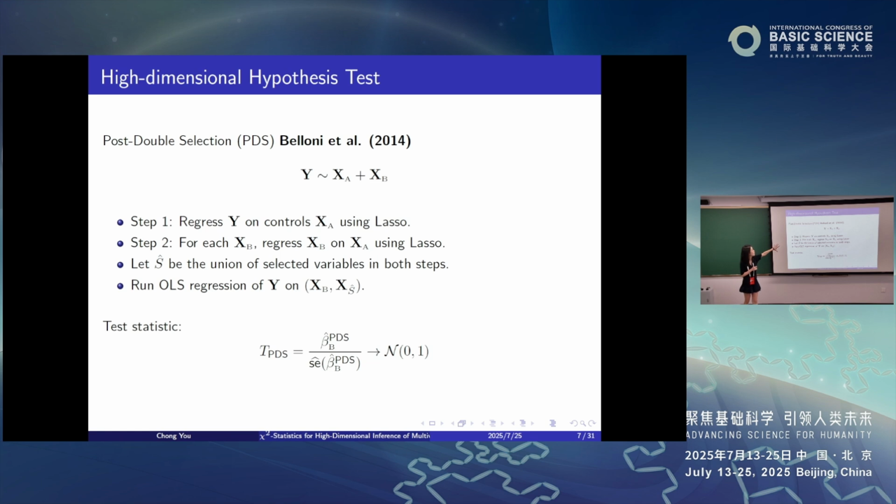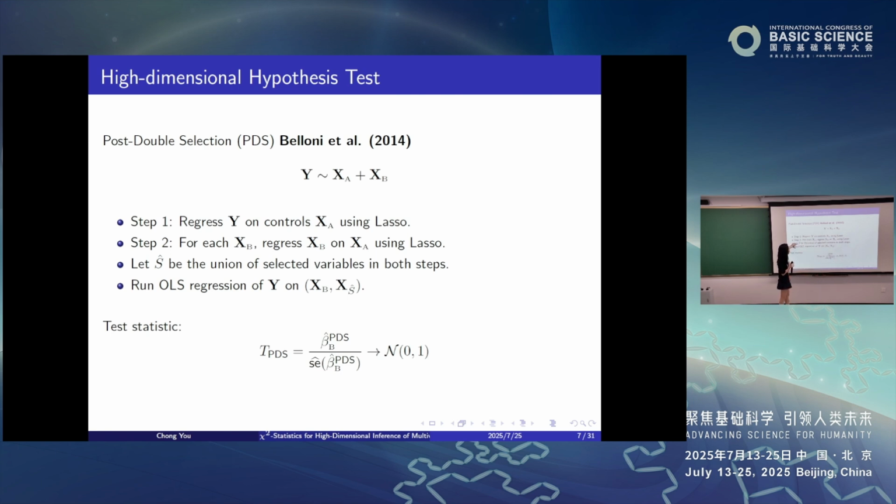For the post double selection method, what it does is to reduce the dimension of XA directly. Very simple. The first step is to regress Y on XA to select the subset of XA that really affects Y. The second step is to do the regression between XB and XA, finding the subset of XA that really affects XB.